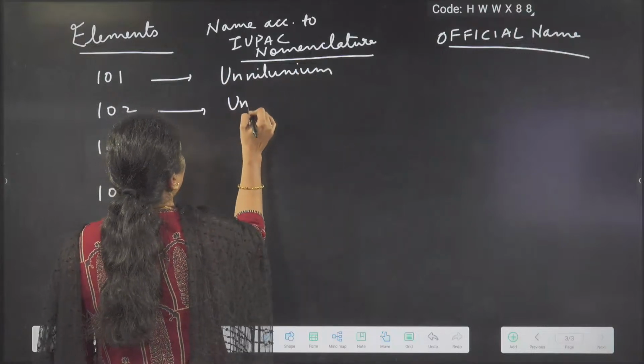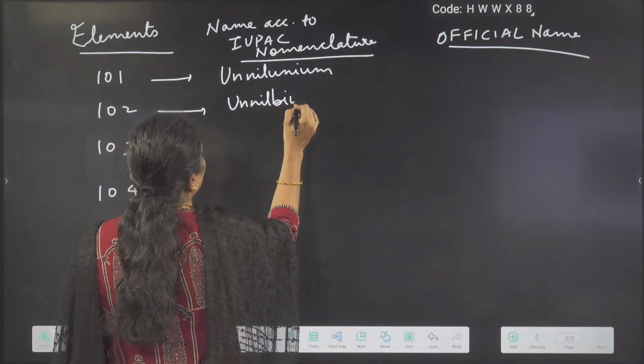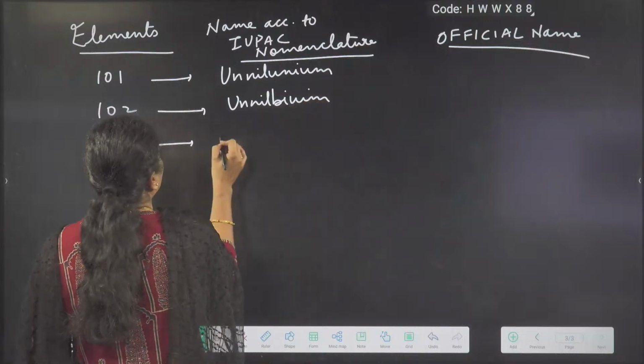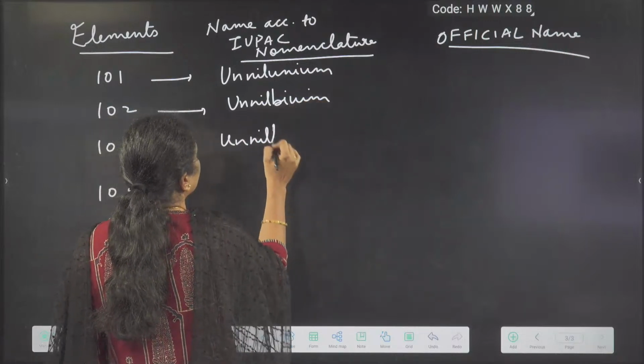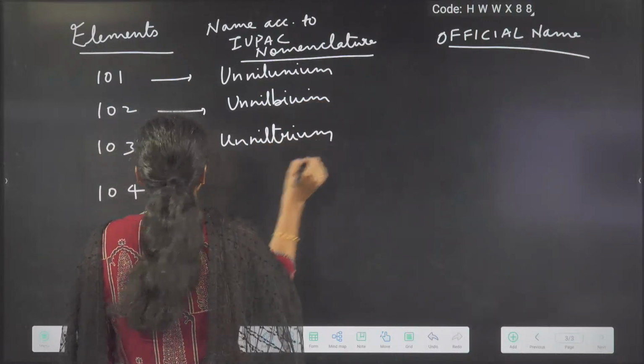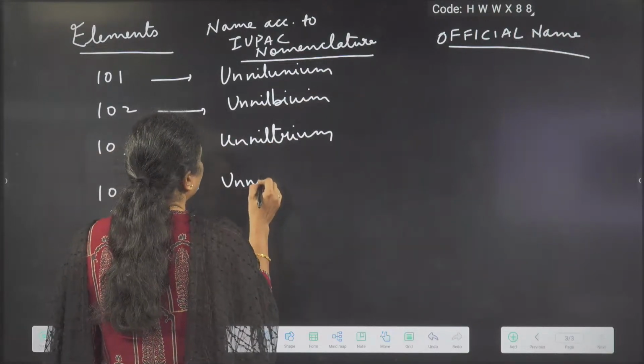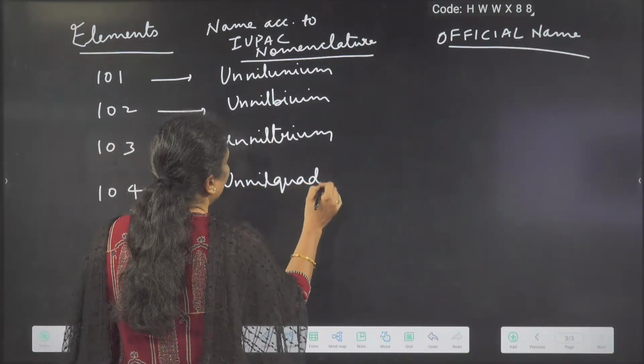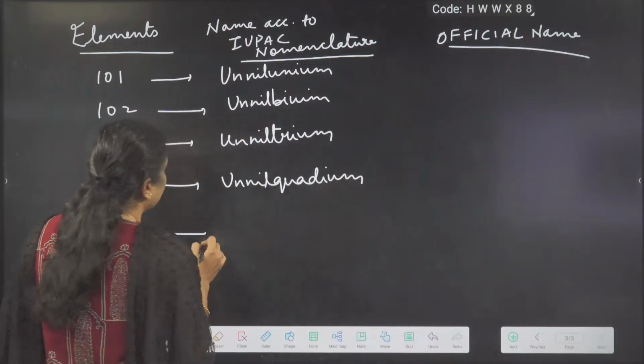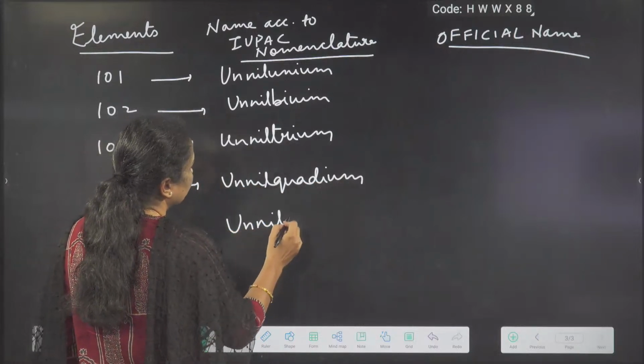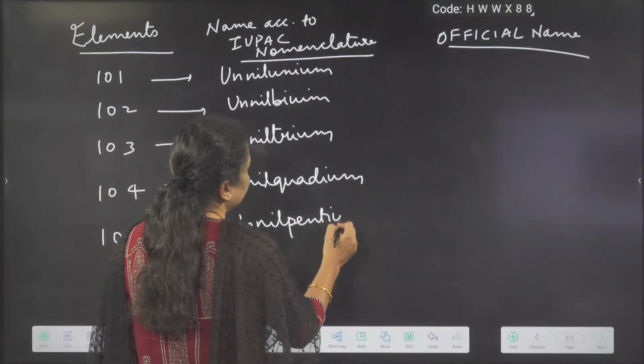Similarly, this one will be un, nil, bium. Then un, nil, trium. Then you are having un, nil, quadium. Similarly, un, nil, pentium. Right?